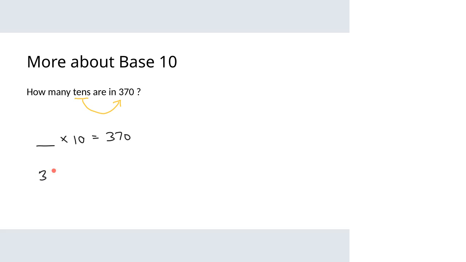Well, if I do 370 divided by 10, that'll tell me how many tens are in there. Or you could look at this and say, well, if I just look at this by examining the tens place, there are 37 of them. Any of those 3 ways is a perfectly reasonable way to get to the fact that there are 37 tens in the number 370.